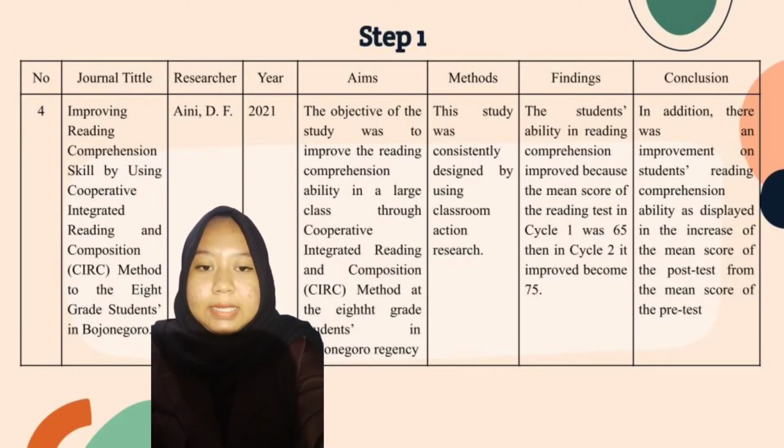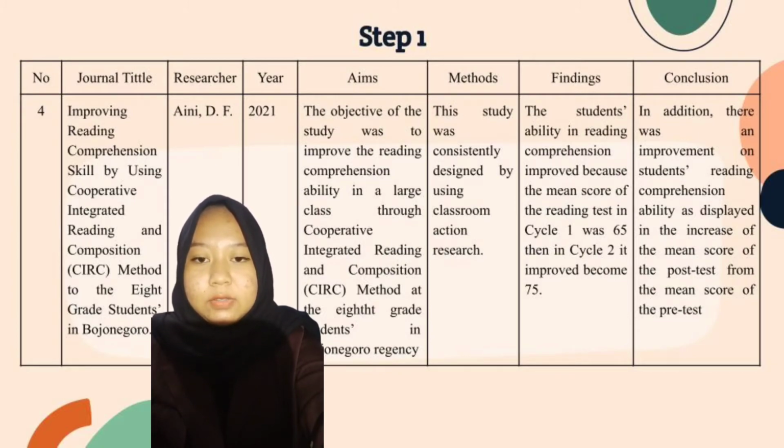Method. This study was designed using classroom action research, which aimed at improving student ability in reading comprehension through Cooperative Integrated Reading and Composition, CIRC, for the students of MTS Ma'arif Bojonegoro.